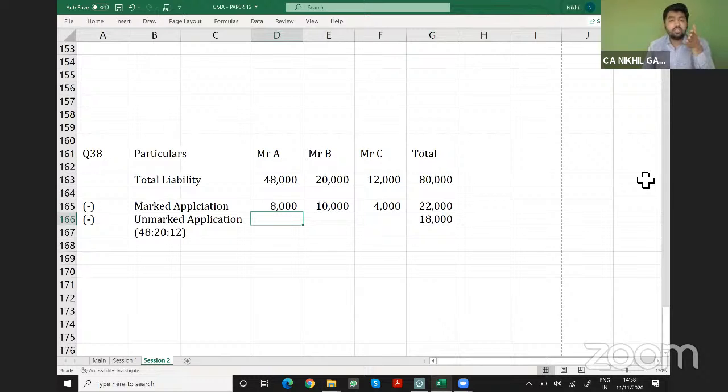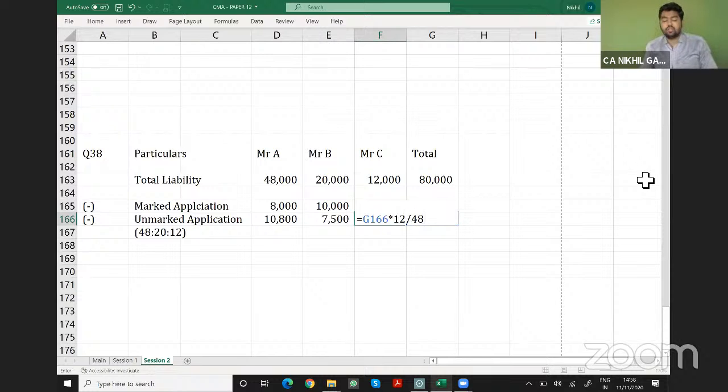This 18,000 will be distributed between A, B, C in their liability ratio: 18,000 multiplied by 48 divided by 80, 18,000 multiplied by 20 divided by 80, 18,000 multiplied by 12 divided by 80, which is 10,800, 4,500, 2,700 respectively.